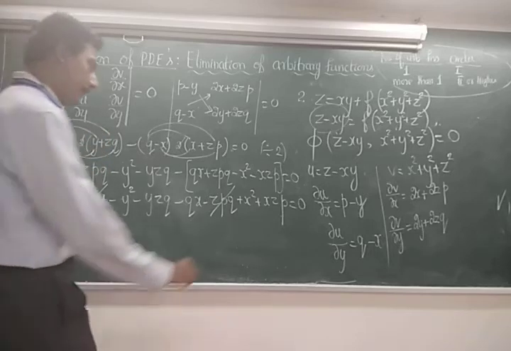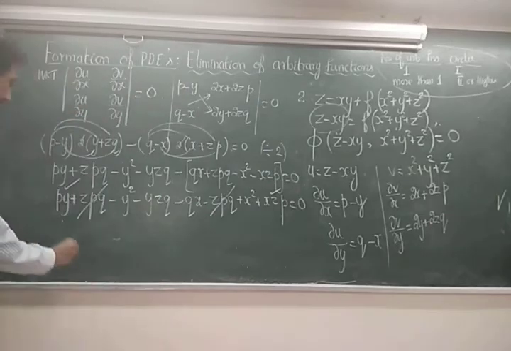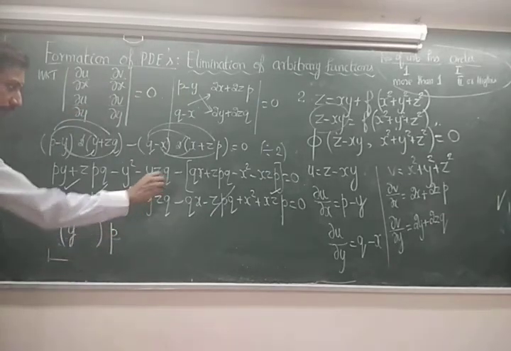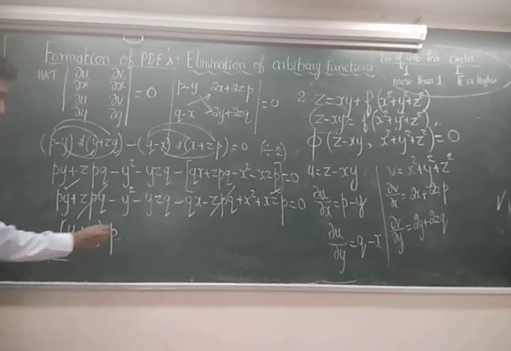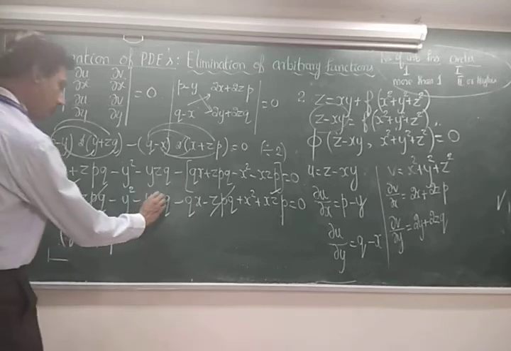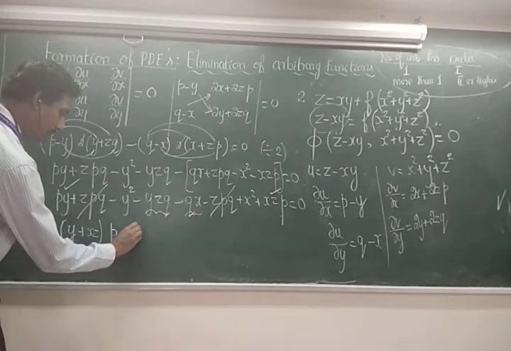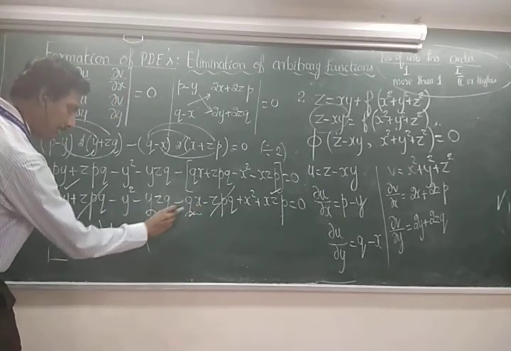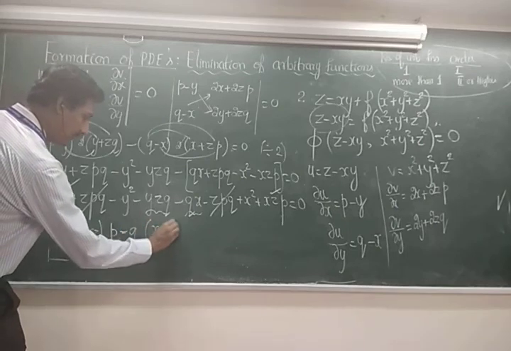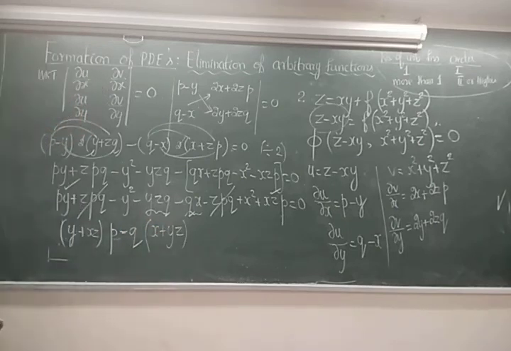p, here also p. Can I take the p first? Then we get y, and then plus x is there. Then next I go for the q. So q, this is also q. Can I take the minus q outside? The balance is x plus yz. That's right? I can take minus q outside.